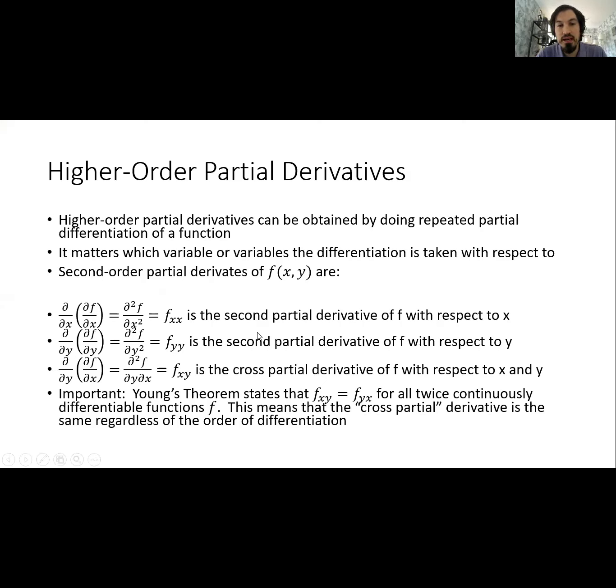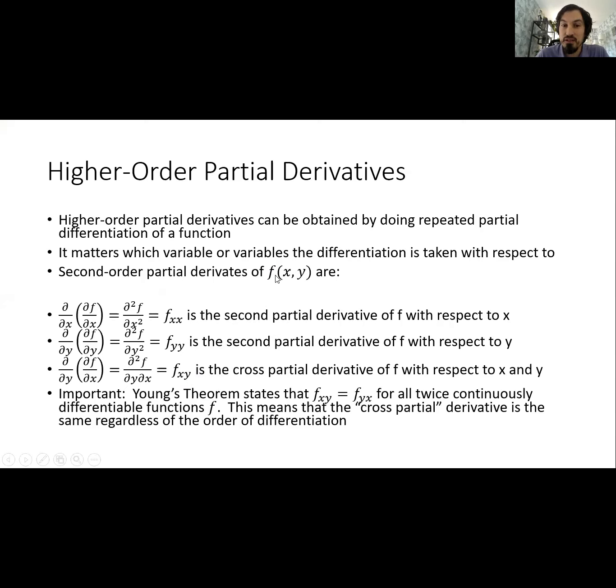Remember, these were what I would call the higher order partial derivatives, the second order partial derivatives. And when you have a function of more than one variable, you get this complicated mixture of partial derivatives. Some of them are like fxx, the same variable twice. Some of them could be like fxy, where you first take the partial derivative with respect to one variable and then the other.